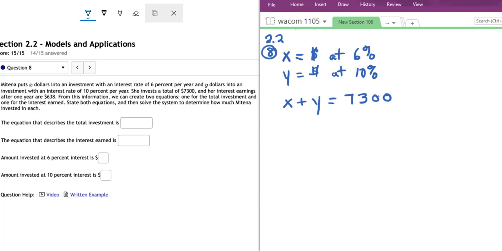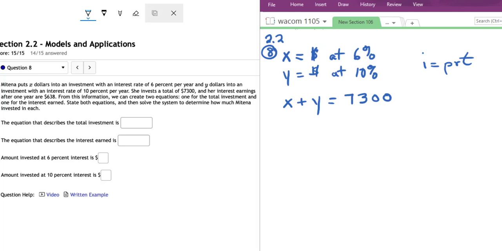$638. Your formula for interest, we're assuming this is simple interest, is I equals PRT. Interest equals principal times rate times time. Your time is 1 because they said 1 year.